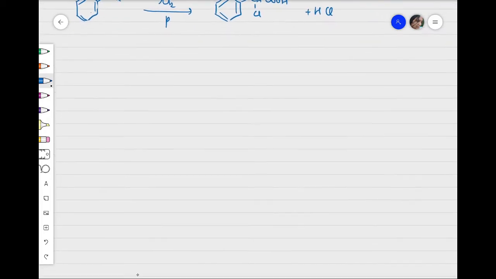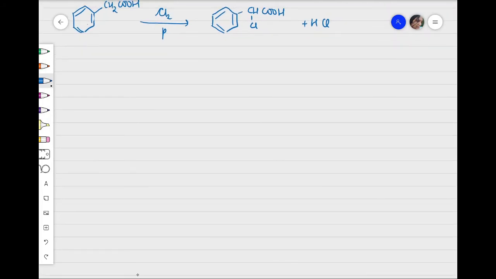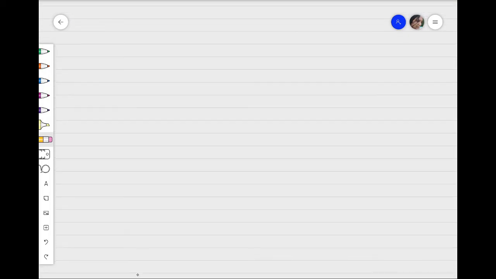Now let's look into the mechanism. So mechanism, there are a few steps, 4 steps to be exact, okay. So let me go through each step one by one. That is, the first step is where phosphorus reacts with the halogen to form the trihalide, okay.